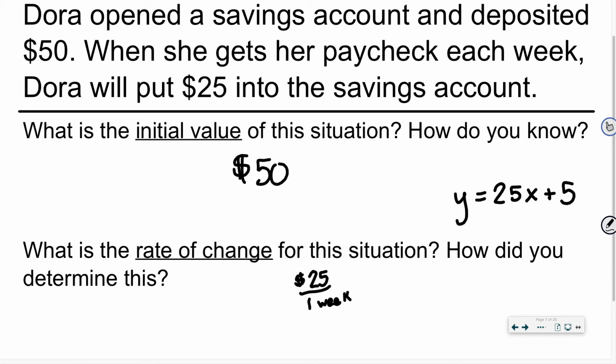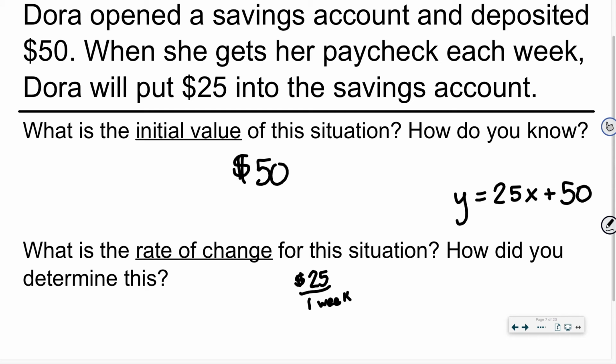Perfect. So the big question here, and this is a mistake that comes up occasionally, why is the x with the 25 and not with the 50? What is it about the information we were given that tells us the 25 has to be the number with the x, not the 50?